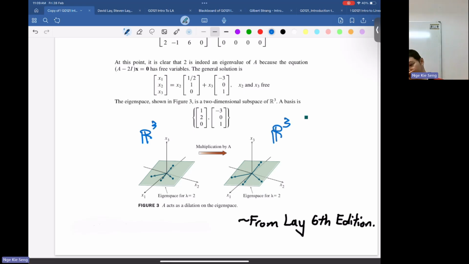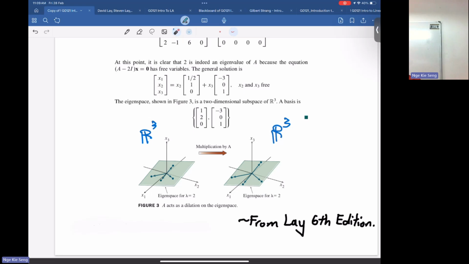The matrix transformation is just multiplication by A. If you look at these two vectors, they will span a plane, because two vectors span a plane. So let's say this is the plane. What happens to this plane is that every non-zero vector here gets scaled by 2 and becomes longer.